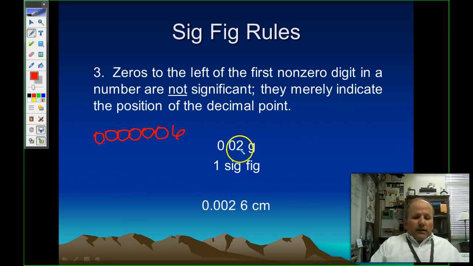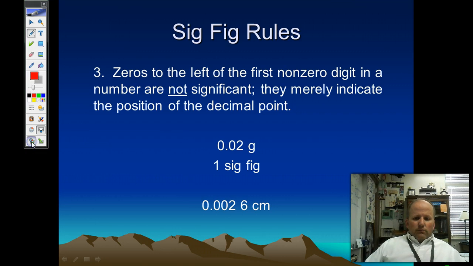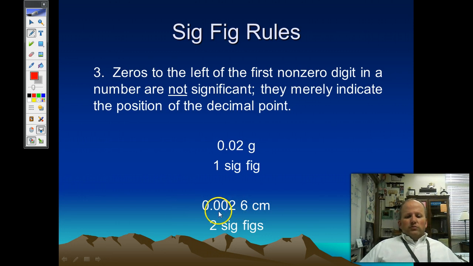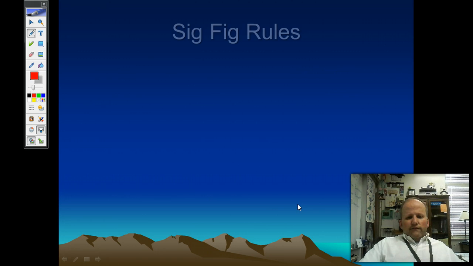Here you need them because without that 0, this is no longer 2/100ths of a gram, it's 2/10ths of a gram. It's not that those zeros aren't needed, it's not that they are significant in the measurement. Remember, this is all about measurements. So, you thought about the second problem. It has 2 sig figs. All the zeros before the 2 are not significant. Rule 4.